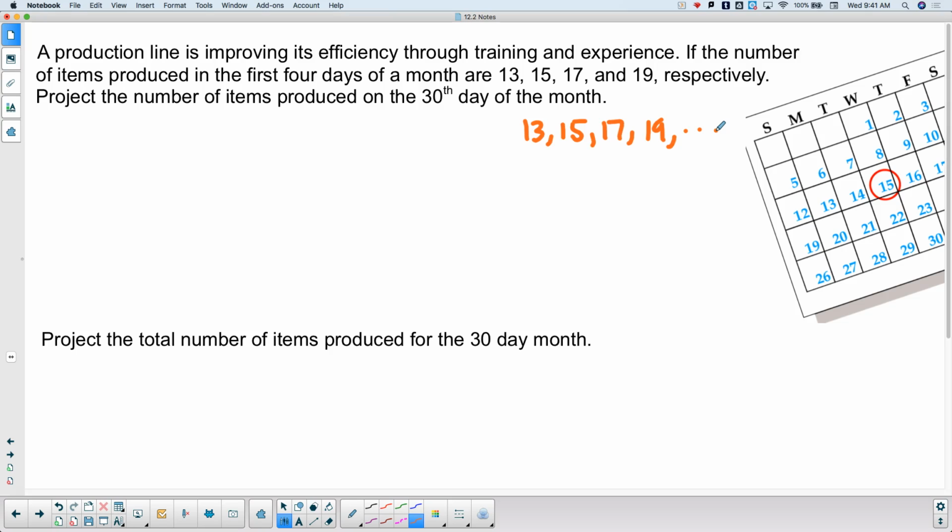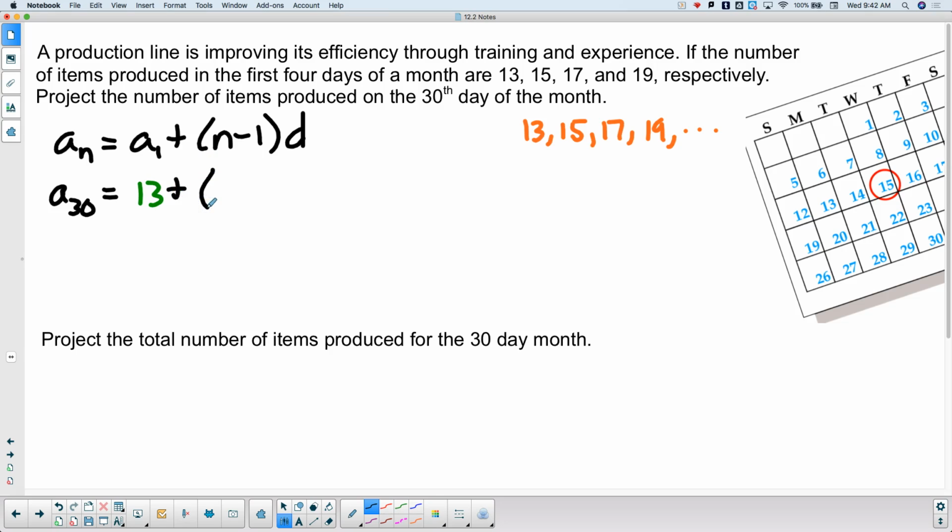So that would be a sub n equals the first term plus n minus 1 times d. So I need the 30th term, correct? Correct. Okay. What's my first term? 13. The total number of terms? 30.